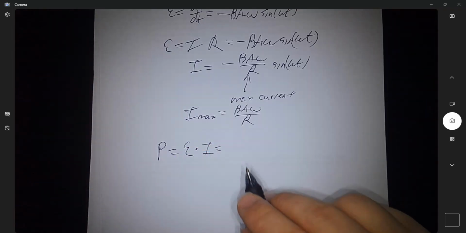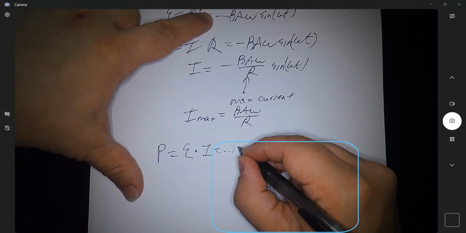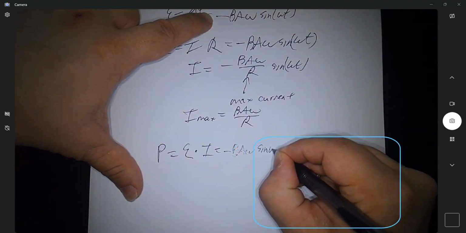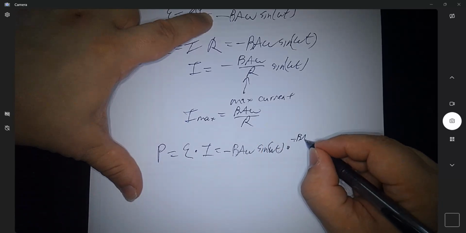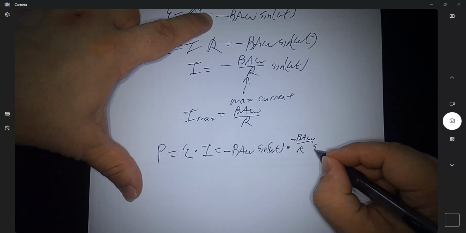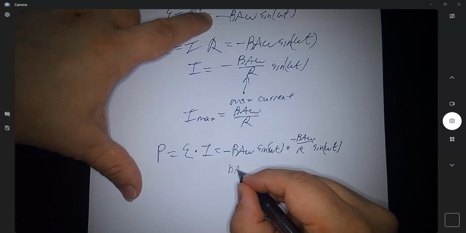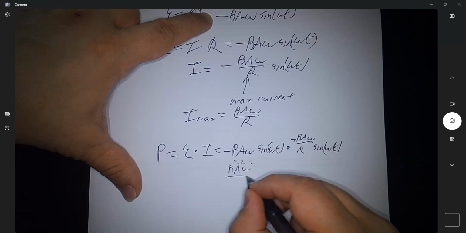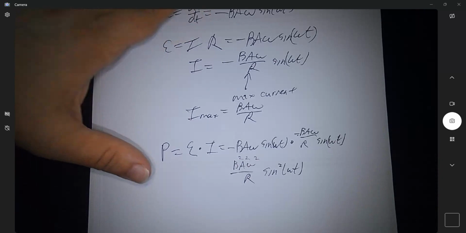So that's going to be voltage, negative B A omega sine omega t, times current, negative B A omega over R sine omega t. So in other words, I'm going to get B squared A squared omega squared over R sine squared omega t. So I need to graph sine squared. I just need to graph sine squared.